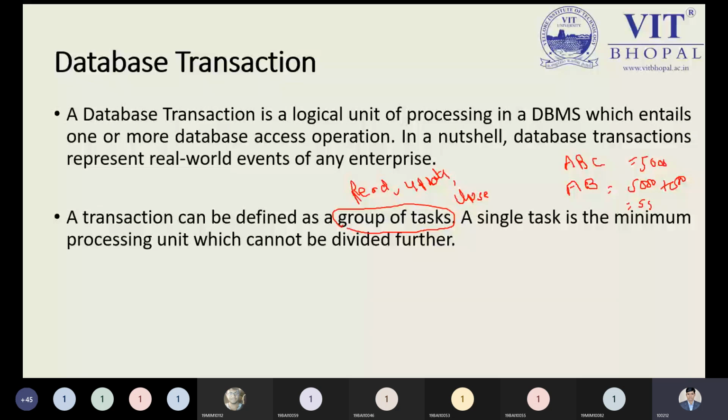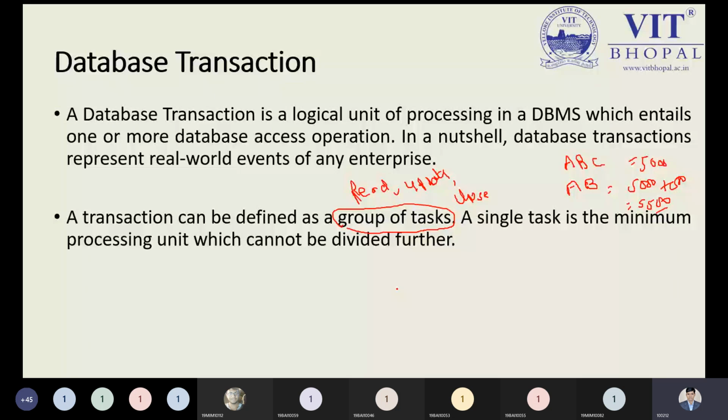This is another operation, which is known as the update. And after updating, if I do not want to perform any more operations, then I can close. So close is my other task. So here you can see the transaction can have many tasks or a single task.